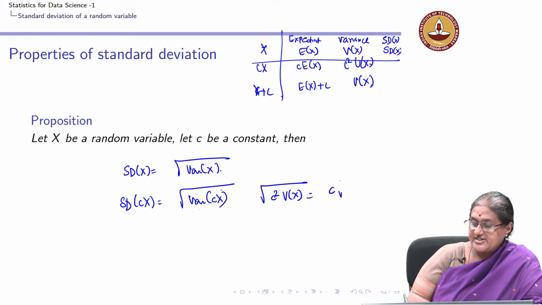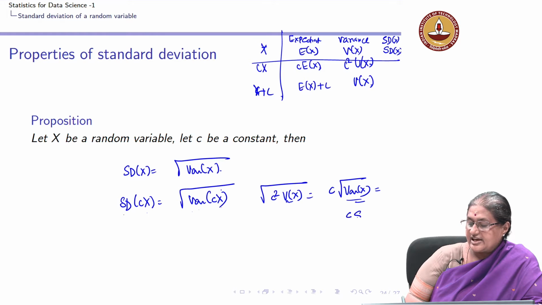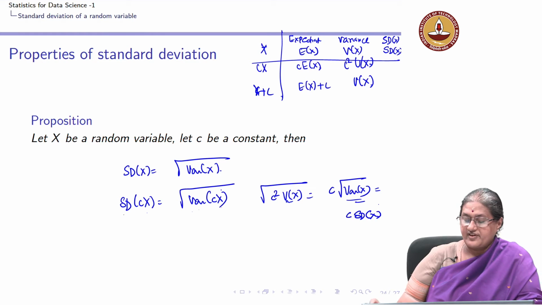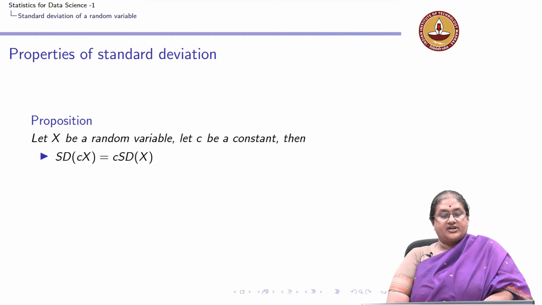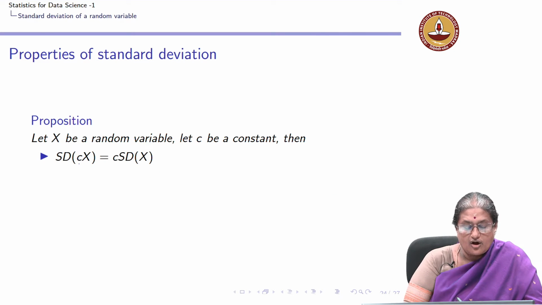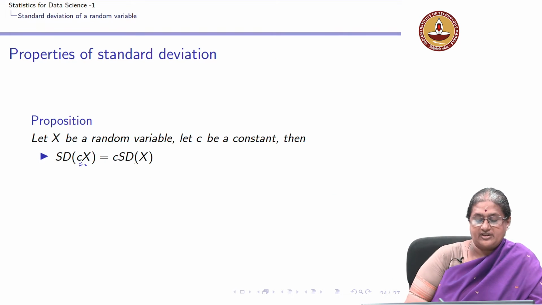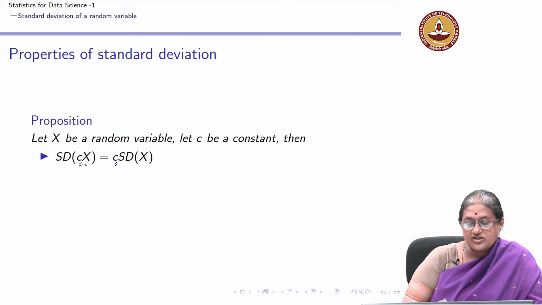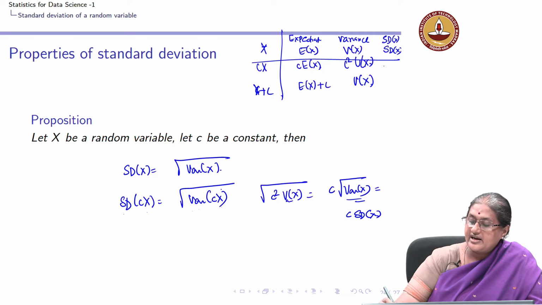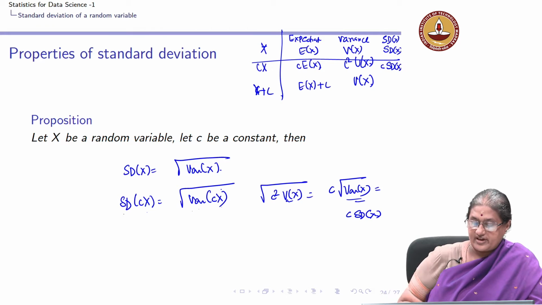So, this is going to be c times the root of variance of x. I know the root of variance of x is the standard deviation of x. So, the standard deviation of cx is c times the standard deviation of x. That is my first property: the standard deviation of a constant multiple of a random variable is the constant times the standard deviation of x.